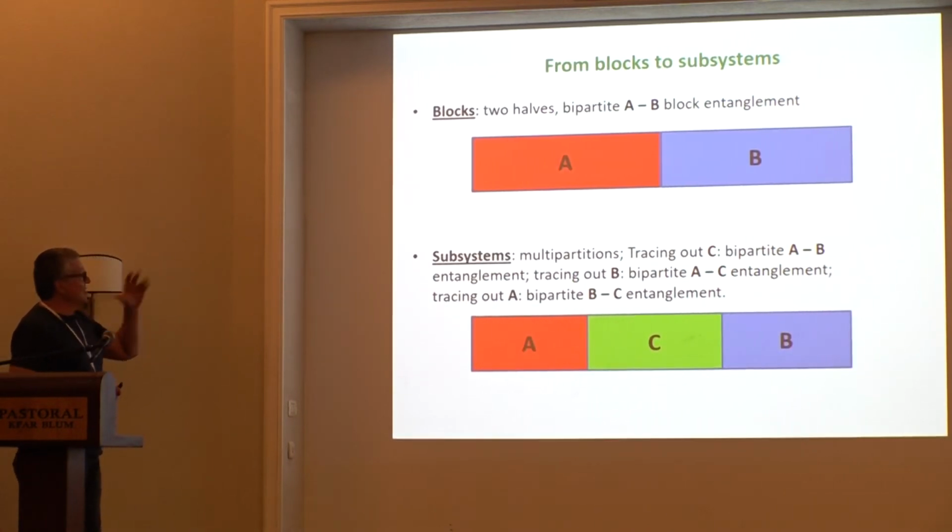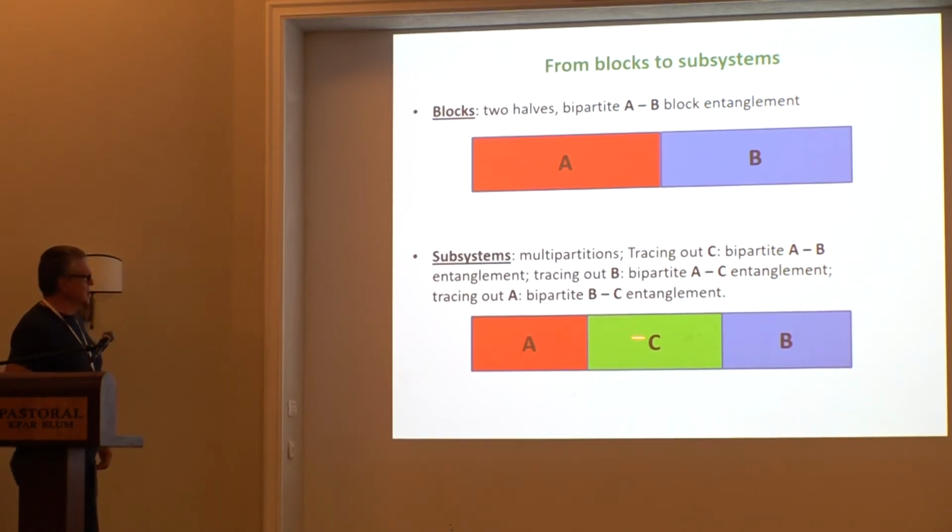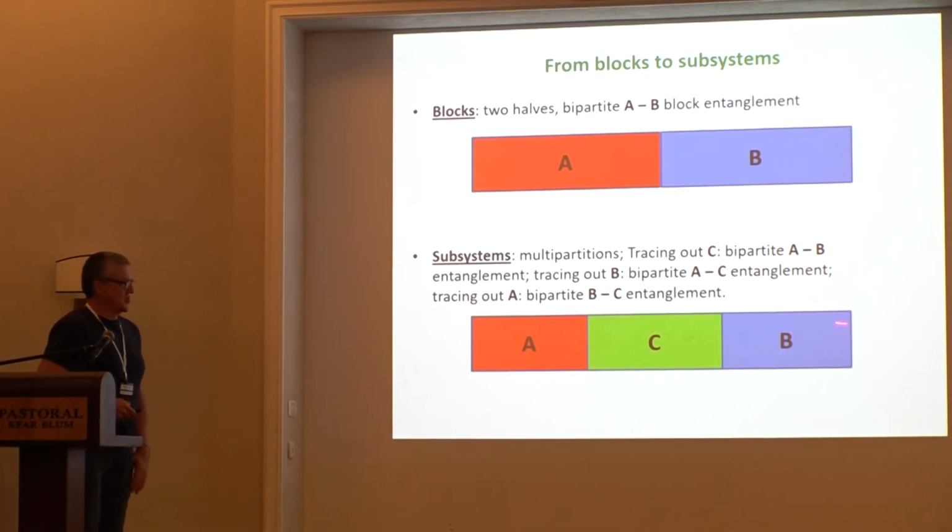So this is block entanglement, two halves of the system, A and B. I trace out B, for example, I construct the von Neumann entropy of A, and this measures the entanglement between A and B. Now, how does it work when I have, let's make it the minimal case, a tripartition, A, B, C? Why do I do it like this? Because I'm already thinking about a topological chain where A and B are the edges and C is the bulk. But this is very general, of course.